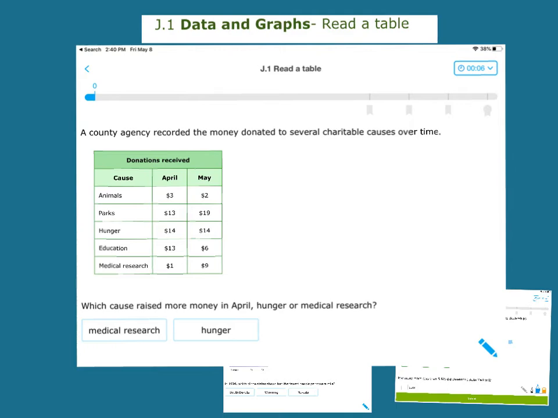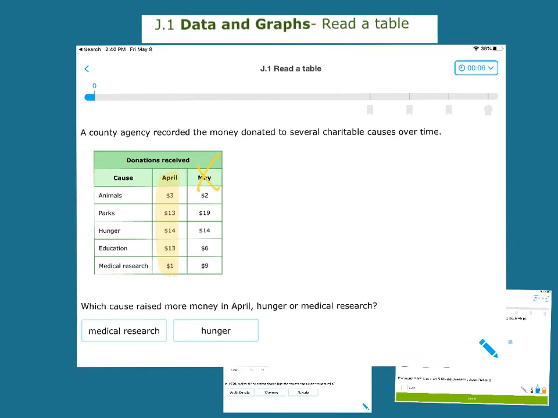So the question is, which cause raised more money in April, hunger or medical research? So now we have to cipher this out and figure out what information is important. So we're only talking about the month of April. So I'll start by just looking at the month of April. And I'm just going to highlight the month of April. It's only these numbers that I'm worried about. I don't really care about May right now. I just want April.